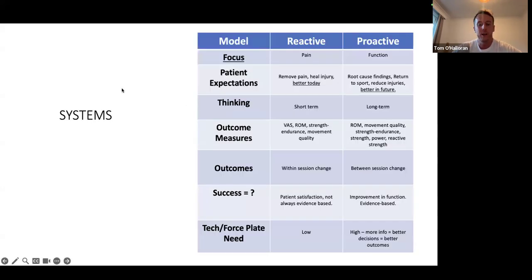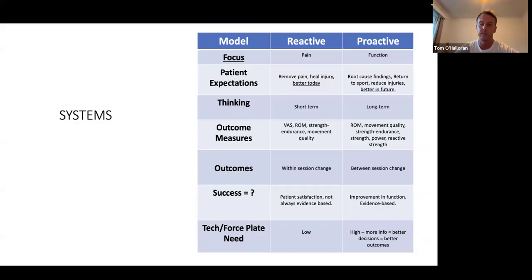It just requires a different thinking systems model in my mind. My old model was very reactive. It was pain focused, trying to get someone better today, short-term thinking, within session change. So assess, treat, assess immediately. It wasn't always based on an objective test. It was often, does the patient feel better?